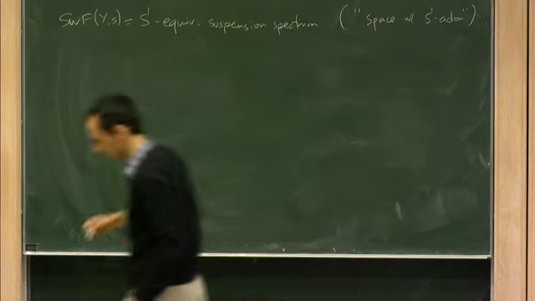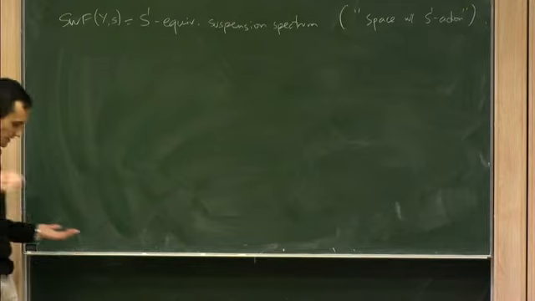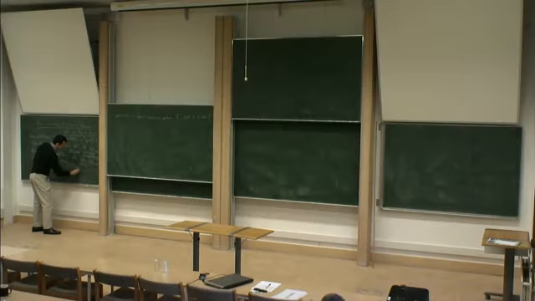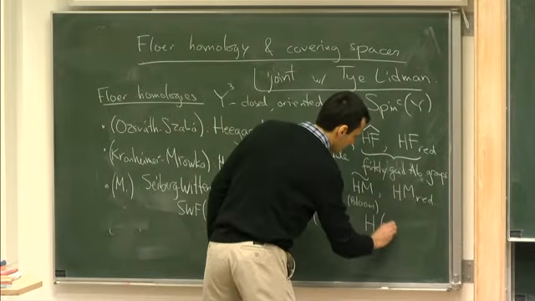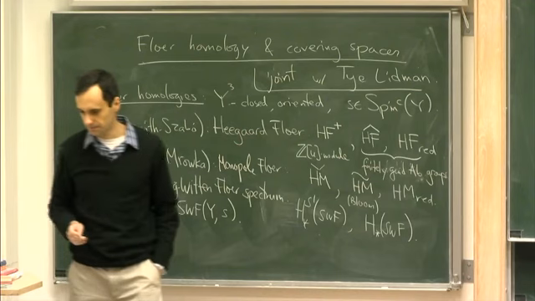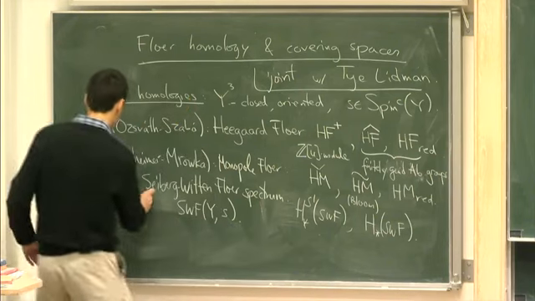It's not quite a space because its homology can live in negative dimensions, but it's basically a space up to suspension. To this you can associate its equivariant homology or its ordinary homology. There are other homologies as well. And I should say this is just for b1 equals 0.